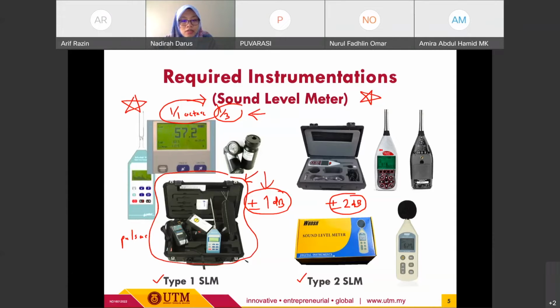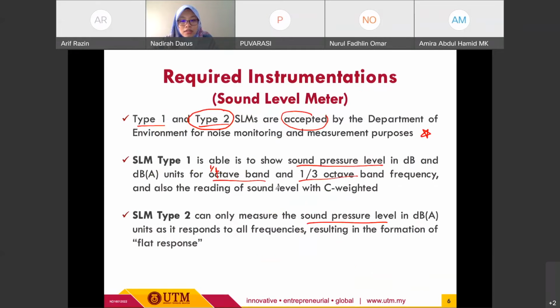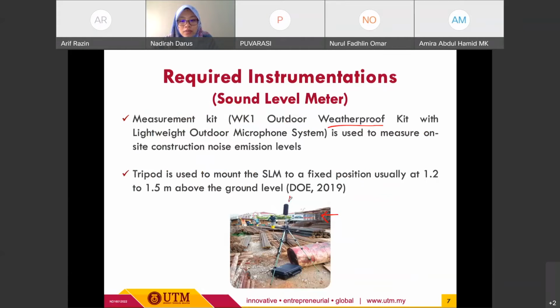Okay, so kalau setup dia, tengok kat sini, ni adalah dia punya microphone. The microphone ni will be detached lah, kita akan cabut daripada dia punya main body, and then ada cable connecting to this box. Okay, so the rest of the main body ataupun main structure of the equipment will be stored in this box.